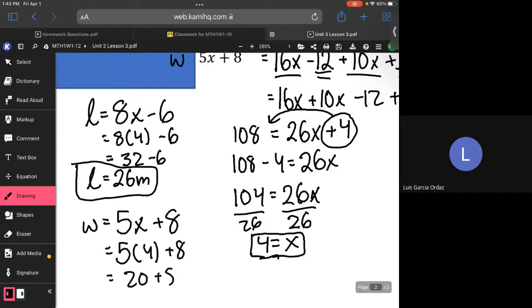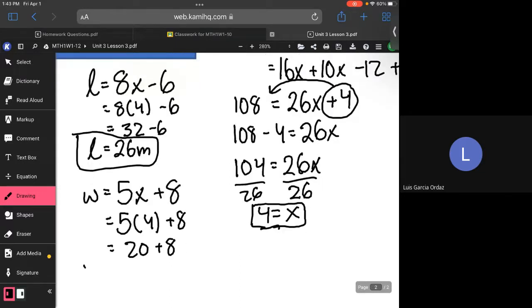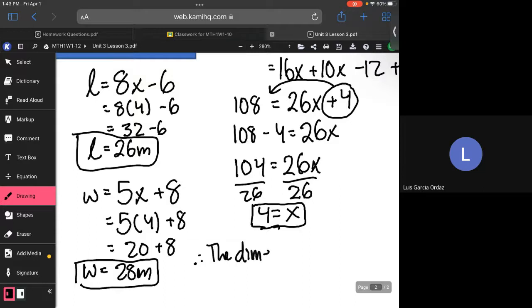Matthew, what did you get? 28 meters. So therefore, the dimensions of the rectangle are 26 meters by 28 meters.